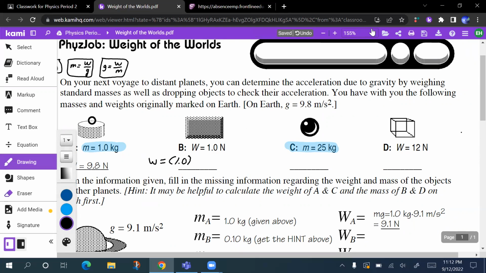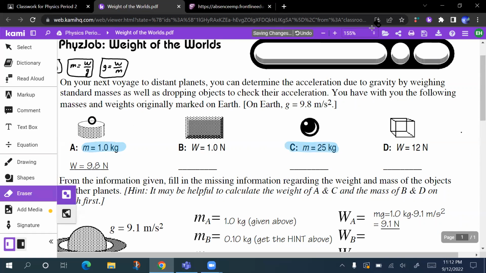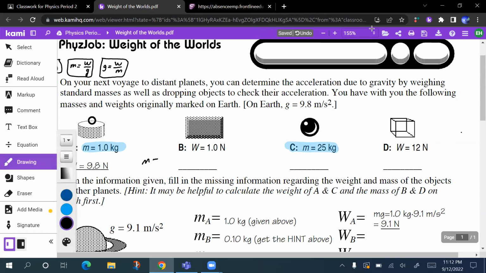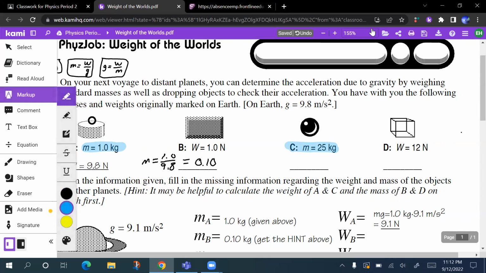And if I have the weight, I can figure out its mass. So the mass would be 1.0 divided by g, which is 9.8. So 1.0 divided by 9.8 is about 0.1. About 0.1.